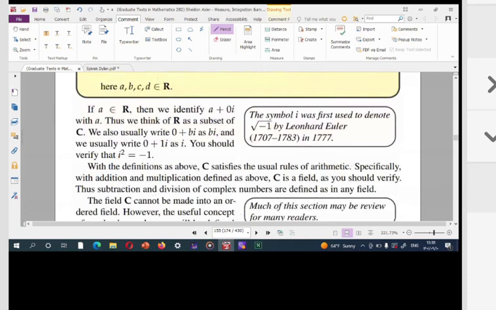And for any a in R, we identify a plus 0i with a. Thus we think of R as a subset of C. Any element of R can be considered in this form as a complex number, okay?